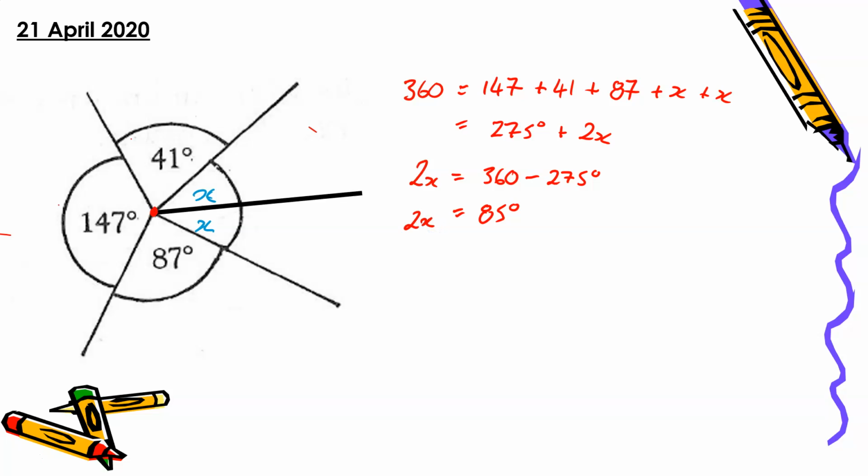That means that one of those angles, if we divide 85 by 2, must be 42.5 degrees, and the other 42.5 degrees. Otherwise, those angles would not be the same and they wouldn't use the same letter x. So tidy this up, x is equal to 85 degrees divided by 2.